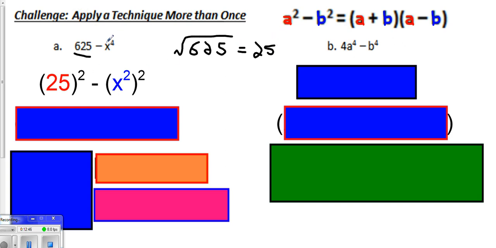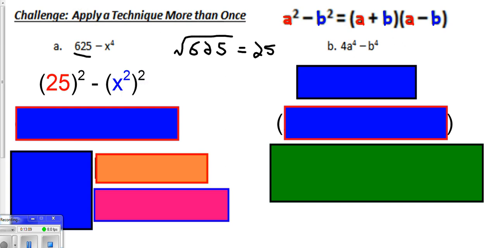Same thing with this x to the 4th. Because of our monomial powers, we know that power to a power means multiply. So if we want something to be squared, or to the 2nd power out here, we would take this number divided by 2, and whatever's left gives us this piece here. Okay?